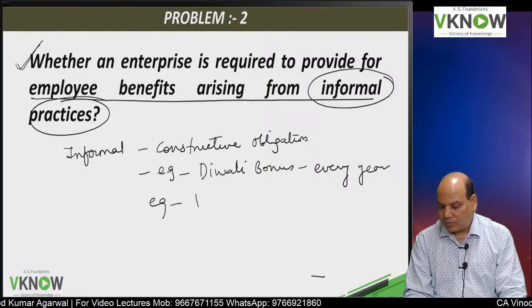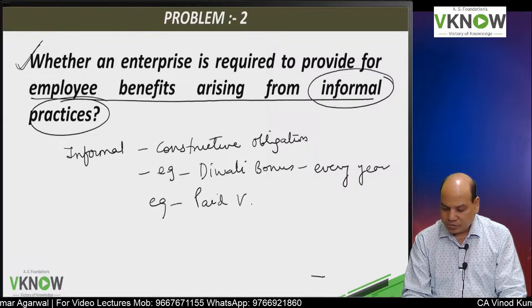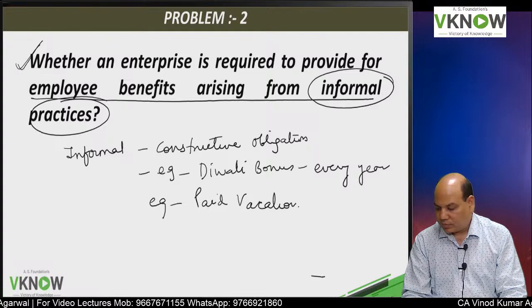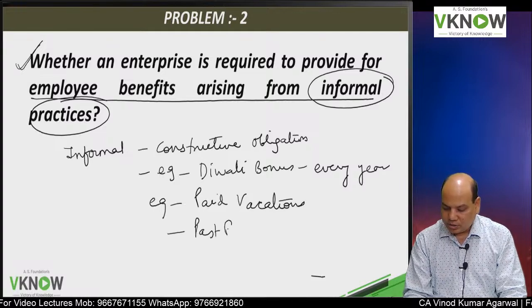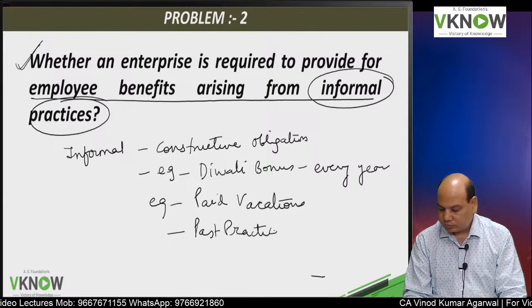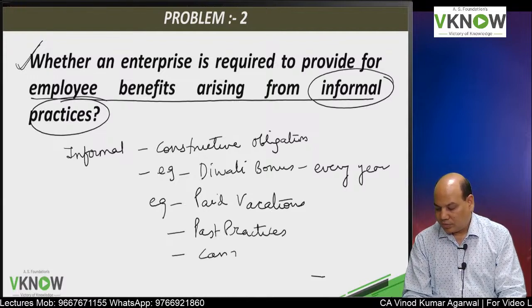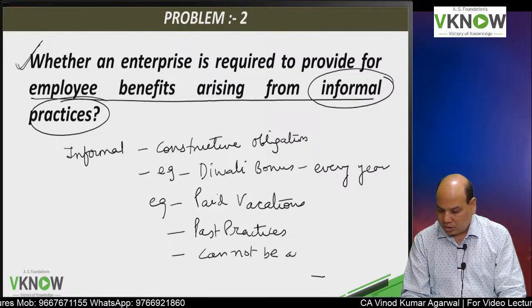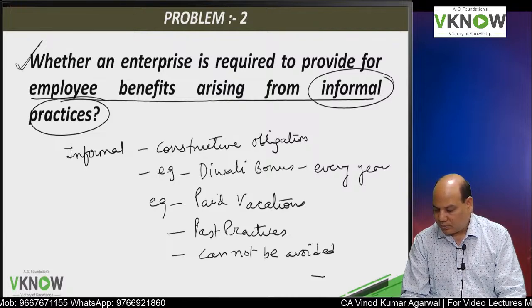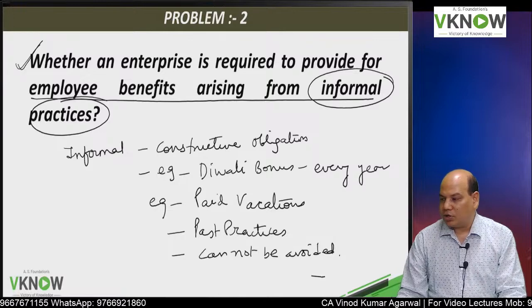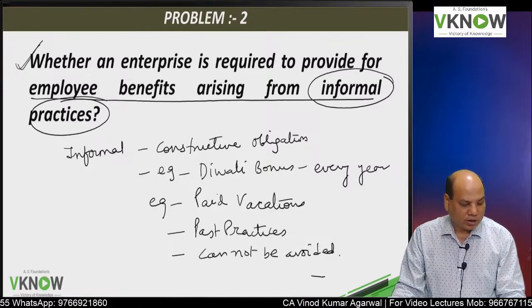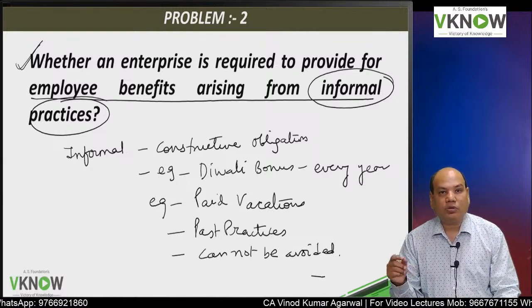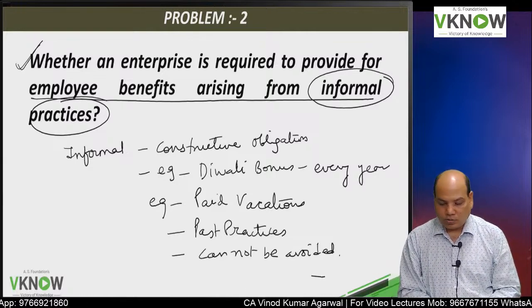Or for example, paid vacations are given to employees, and it has become a past practice. It cannot be avoided. Hence, do informal practices also give rise to employee benefit obligation? The answer is, informal benefit also gives rise to employee benefit obligation.